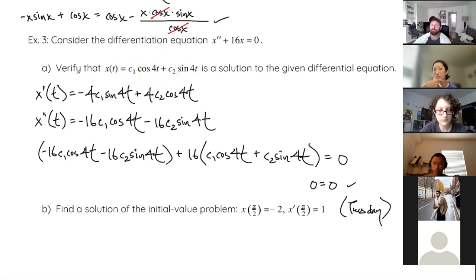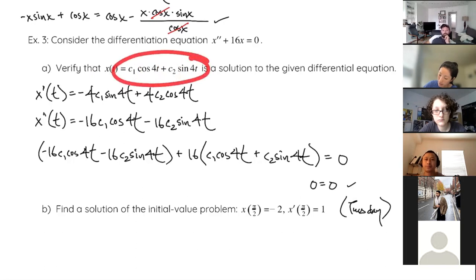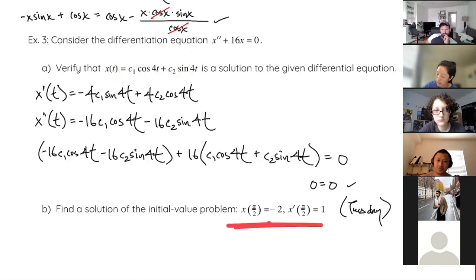And a lot of what we do in differential equations is actually trying to find the constants that fit a particular solution, okay? And so what we're going to do right now is take this proposed solution, and we're going to plug in the initial values to try and find exact values for C1 and C2.